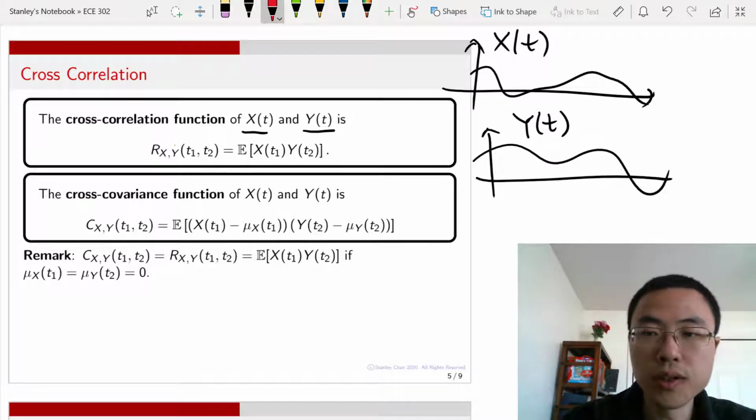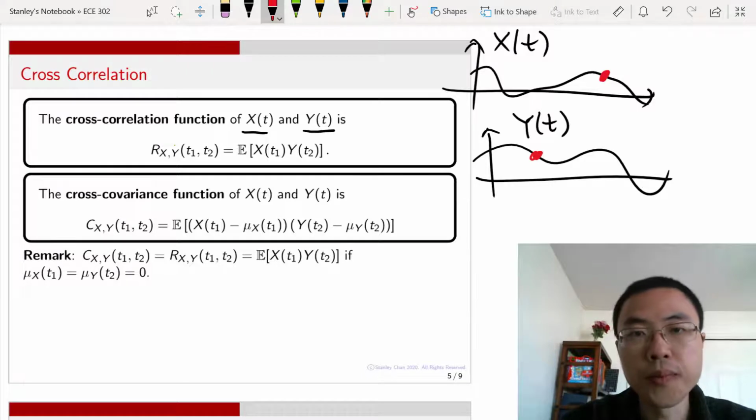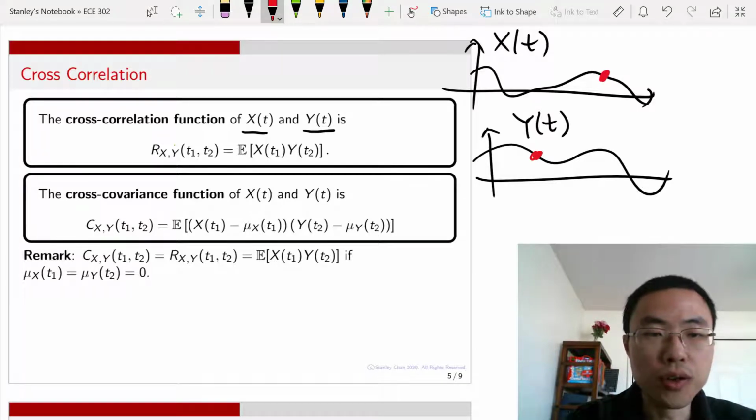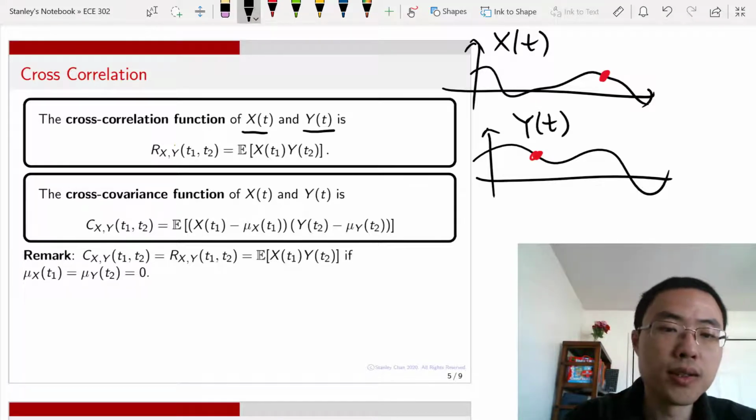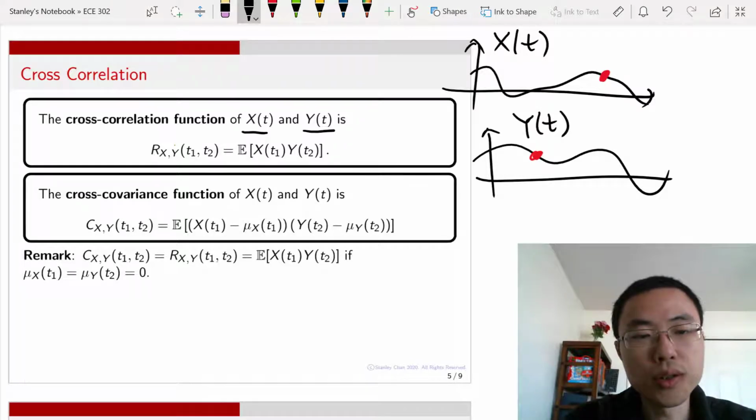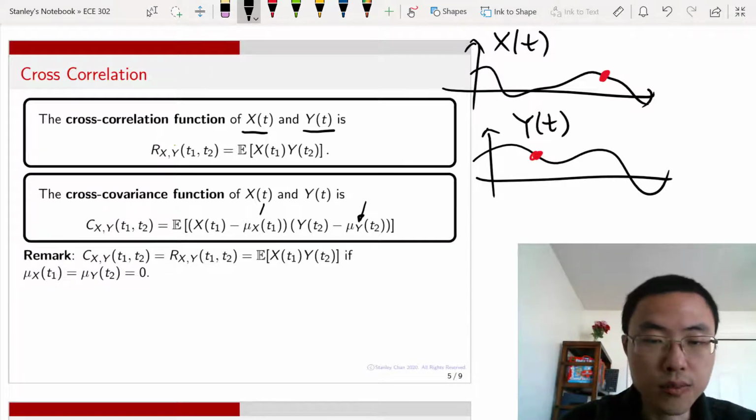You can talk about the correlation between this point and then the correlation between that point. So that would define this cross-correlation function between two random processes. You have x at t1 and y at t2. Similarly, you can define the cross-covariance function, which is the covariance version of this correlation. Here you have x at t1 minus mu of x, and then y at t2 minus mu of y.